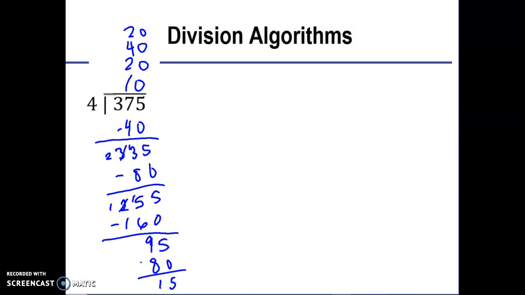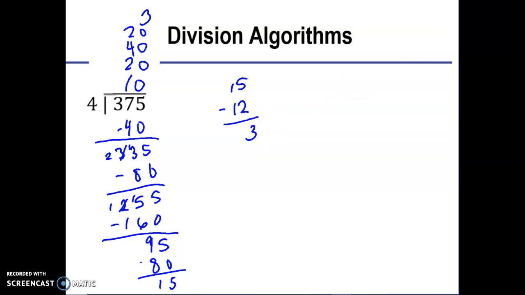So now 20 is too big, 10 is too big. All right, I'm going to go up here with my 15 because I'm out of space. How about 3? 3 times 4 is 12, and I have 3 left over. And I can't scoop out 4 more because I only have 3 there.